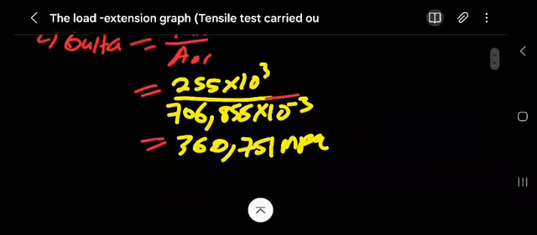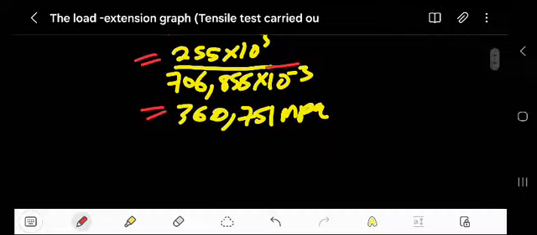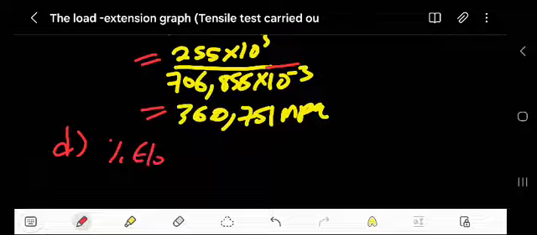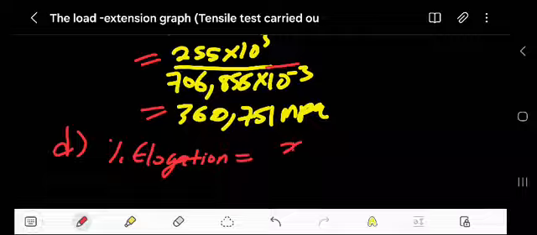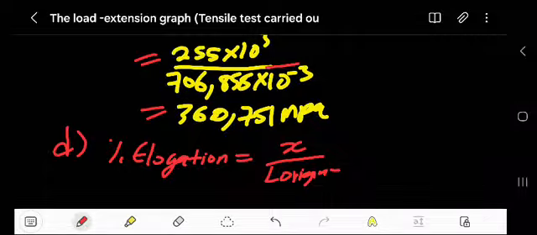Then D, it was the percentage elongation. We know the formula: change in length over original length, multiplied by 100.